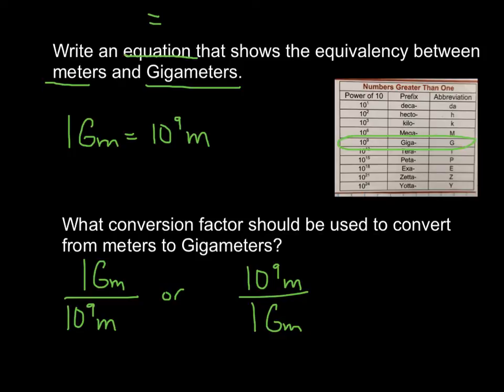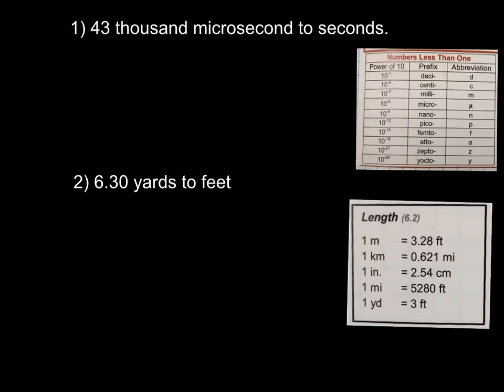And you've seen this for the most part, just maybe in a different form in either your math classes or your science classes. Alright, so I meant to erase this one, so we're not going to do this one, so you can skip that one. Okay, so we're going to do 6.3 yards to feet.